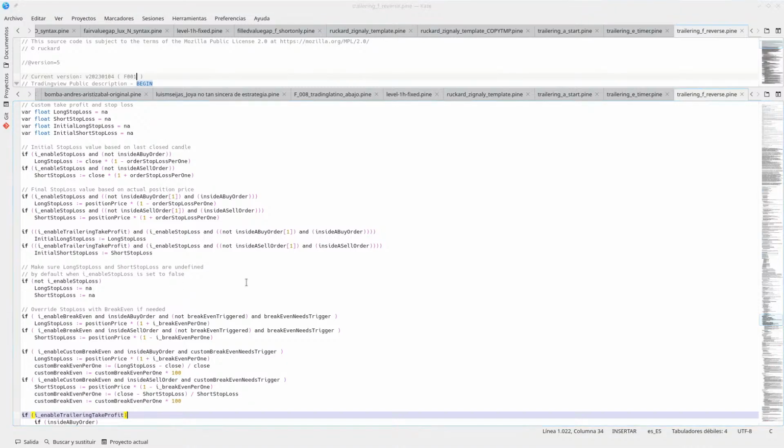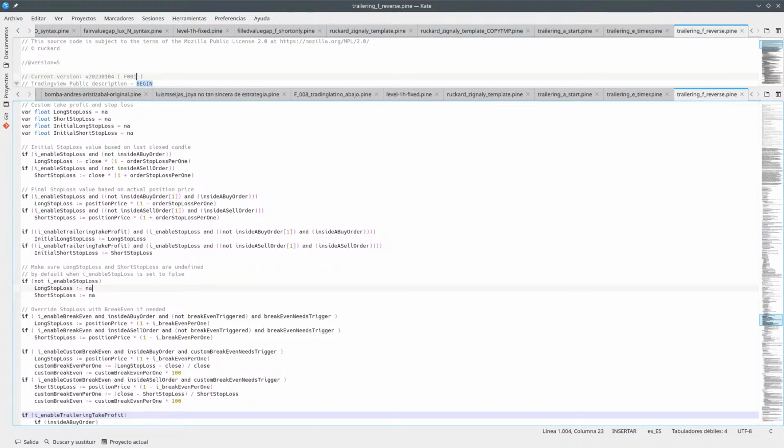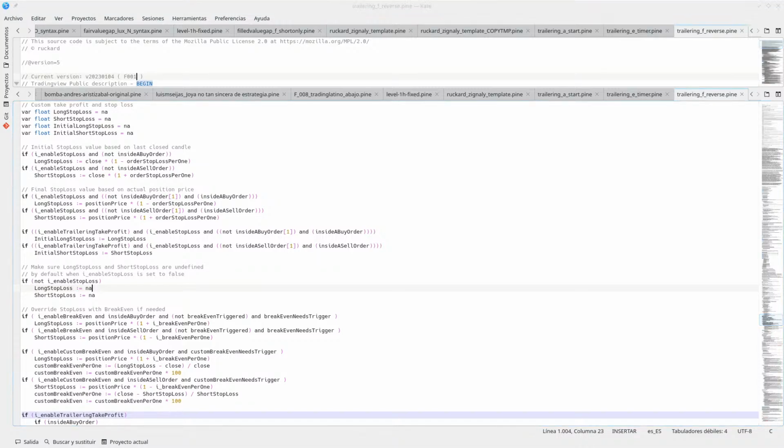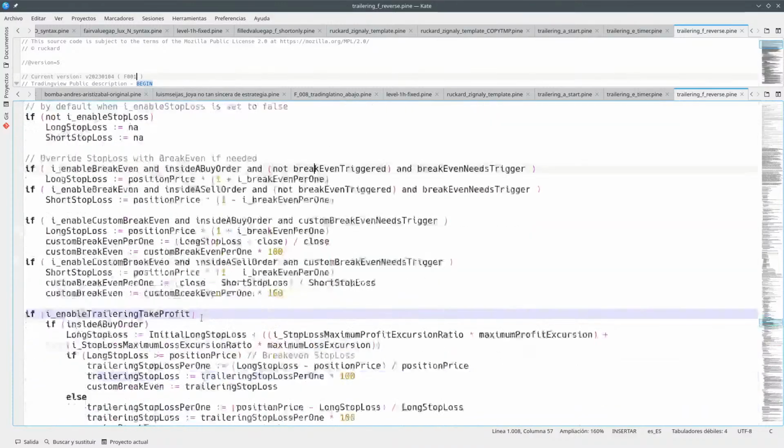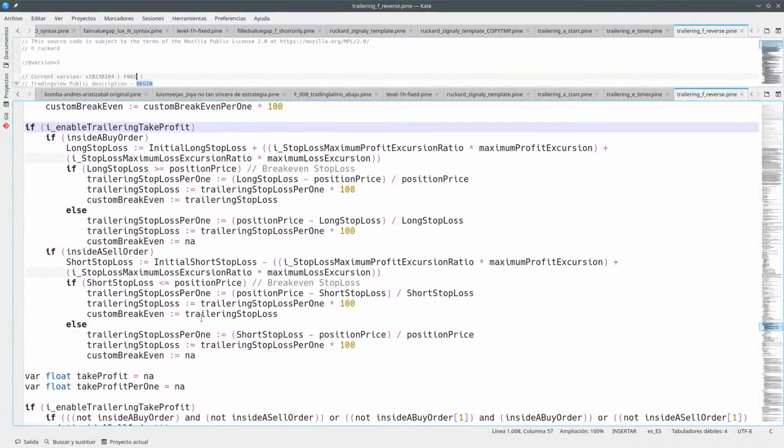So this is just about using variables, but we need to know if we are inside a buy order. We need to know when we are no longer inside a buy order, and so on.